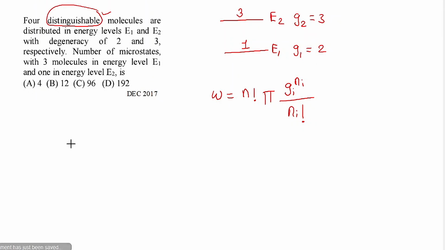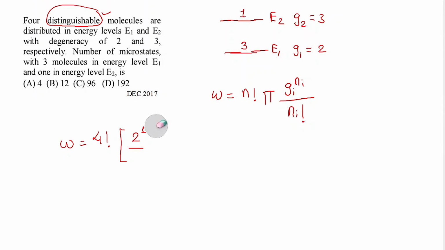Now we may substitute the values, that is W is equal to N. There are a total of 4 particles, so we can write 4 factorial into g1 raised to n1. So g1 is 2 raised to 1. Sorry, I have made one mistake. It is said that there are 3 molecules in E1, so we will have 3 molecules here and 1 molecule in E2.